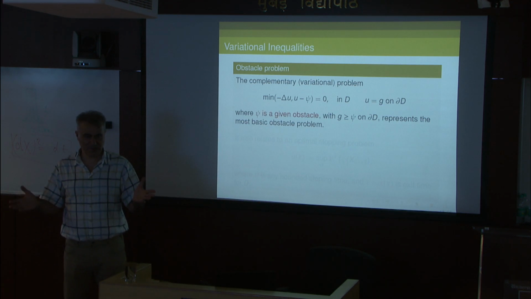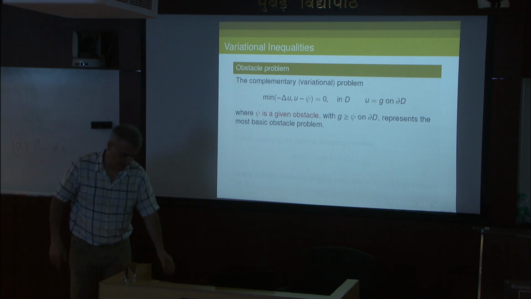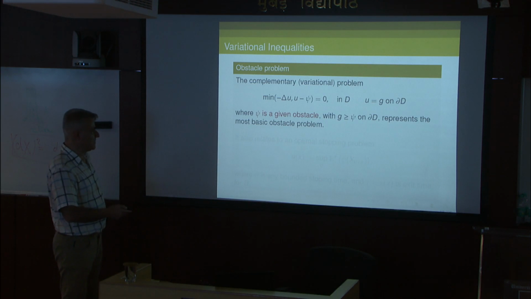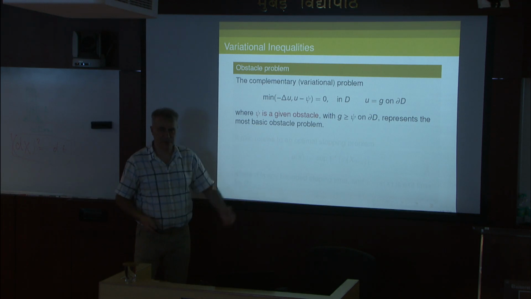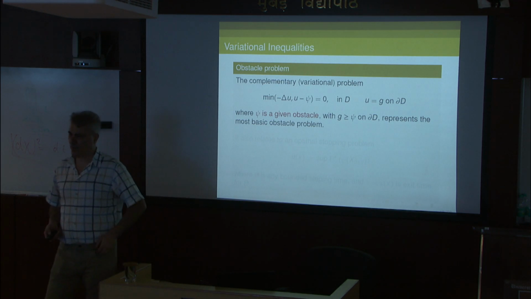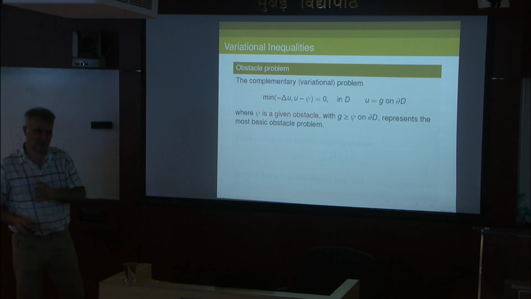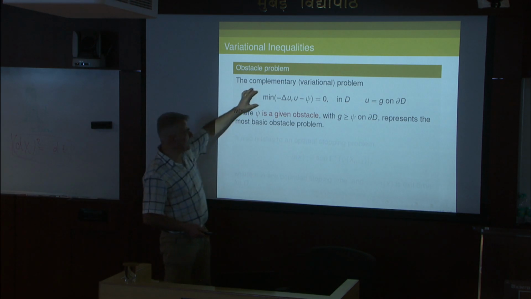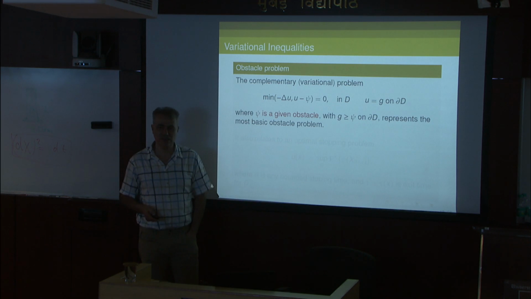So either harmonic, or you're attaching to your obstacle. That's a model, that's a formula for you. This is the most basic obstacle problem. It's the most simple form you can actually model. We're going to see a lot of variations of this. So we're going to develop this through different types of rewriting and then solving.